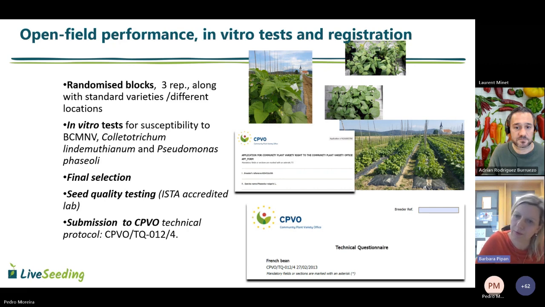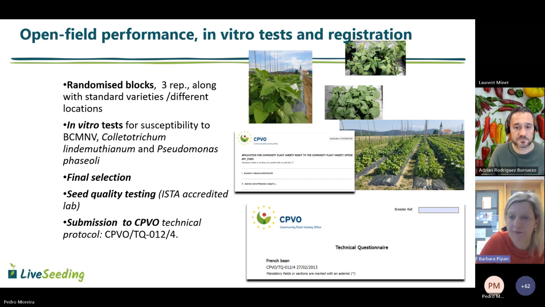Here it's very important because those tests check whether the variety is distinct, uniform, and stable. These are called DUS tests, and the DUS test is done for each candidate variety. For common bean, this takes 2 years.